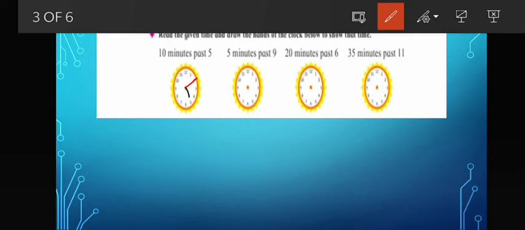Then 5 minutes past 9. Now it is 5 minutes past 9, means 9 o'clock and 5 minutes. So first we will do 5 minutes, which means it is at one's place. 5 minutes past 9.